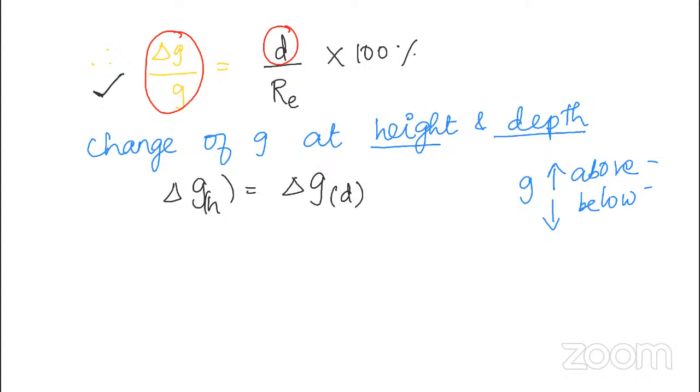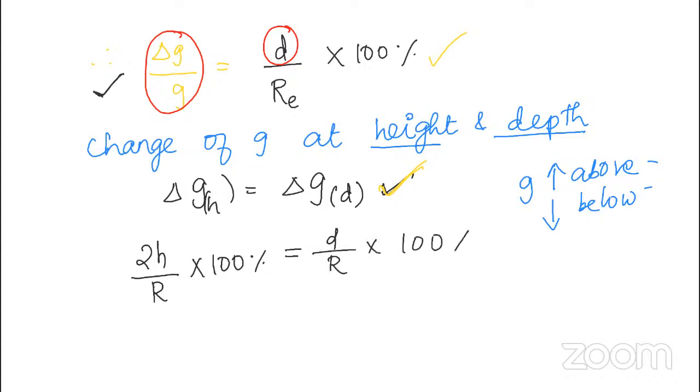Here we know the value for delta g at height, that is 2h divided by R into 100 percent, which is equal to the formula for delta g at depth, that is d by R into 100.